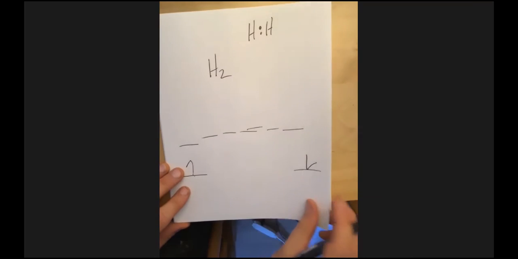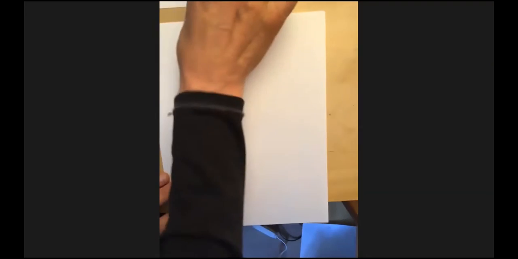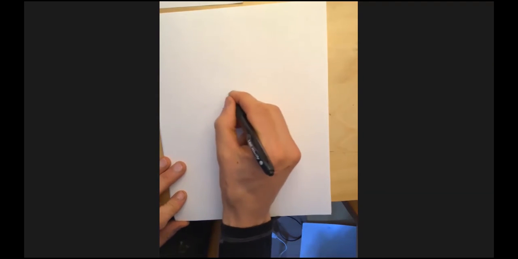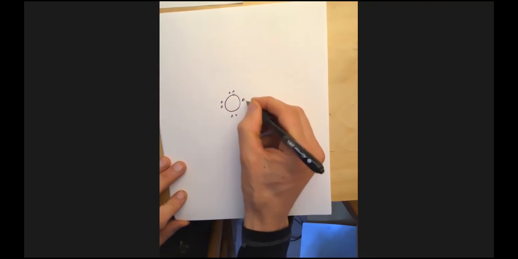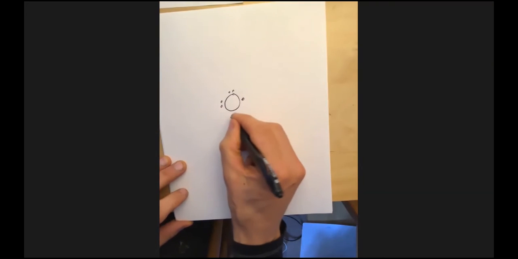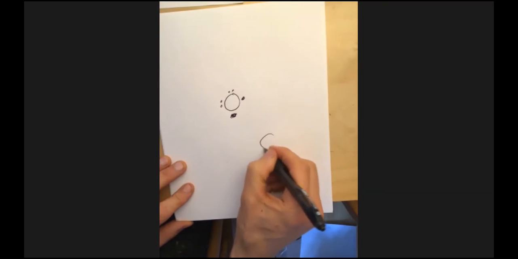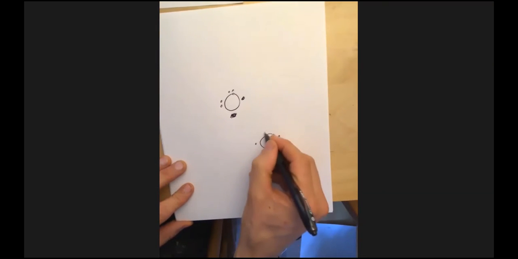Okay. All right. So now, we also know that if we look at oxygen, we have drawn oxygen 1, 2, 3, 4, 5, 6 electrons. And I'm going to draw another oxygen, again 1, 2, 3, 4, 5, 6.